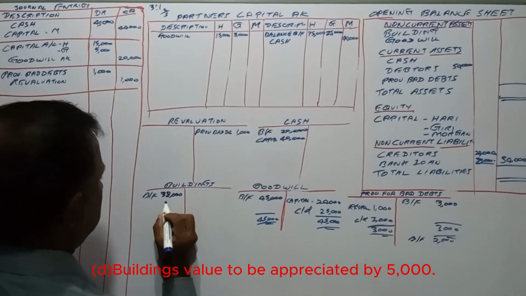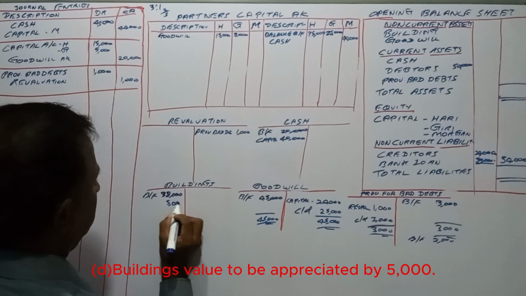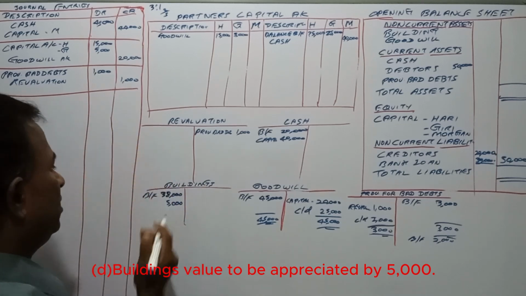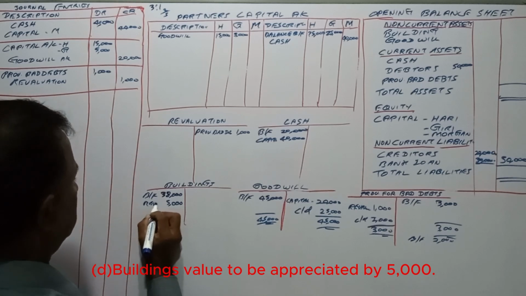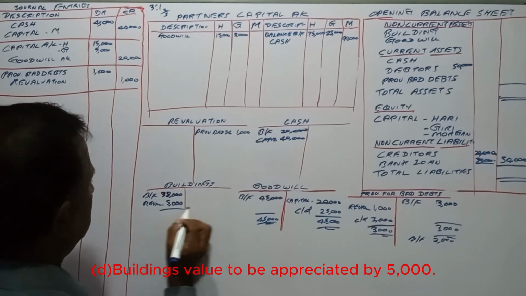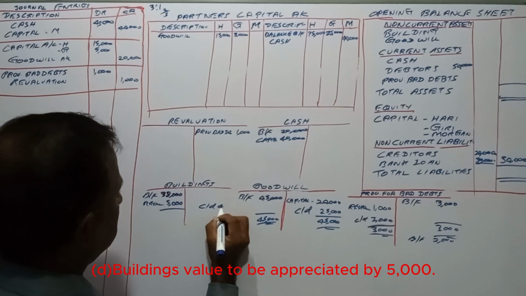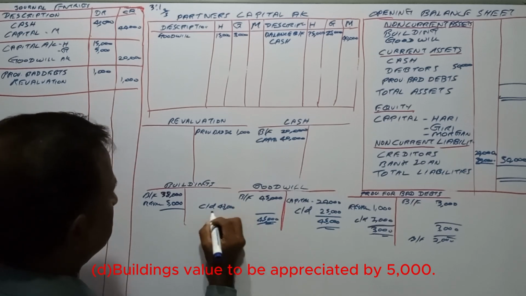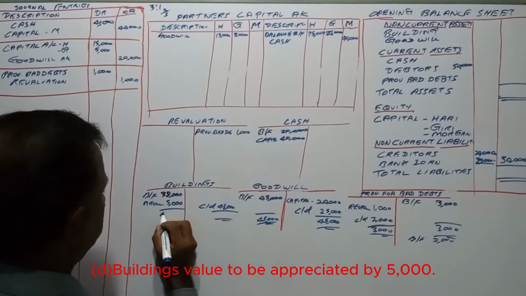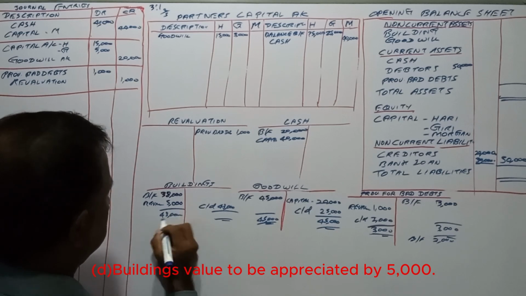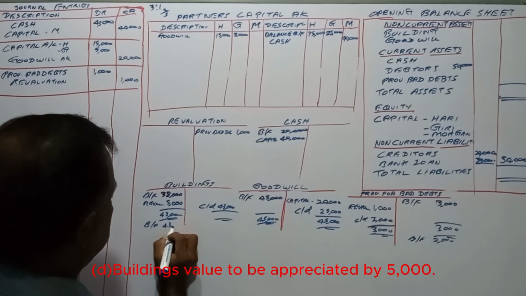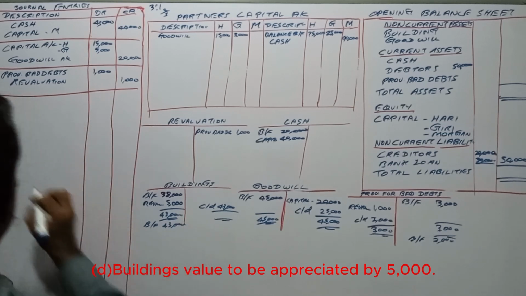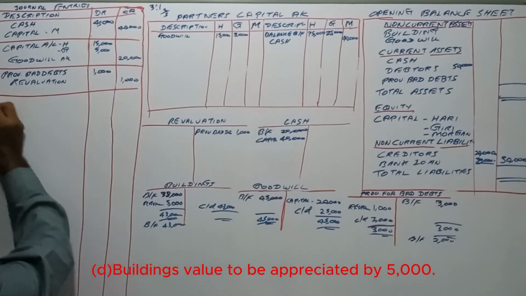We have to appreciate by 5,000, in the sense we have to increase the value of the building. So revaluation. Then the carried down value should be 43,000, brought forward 43,000.